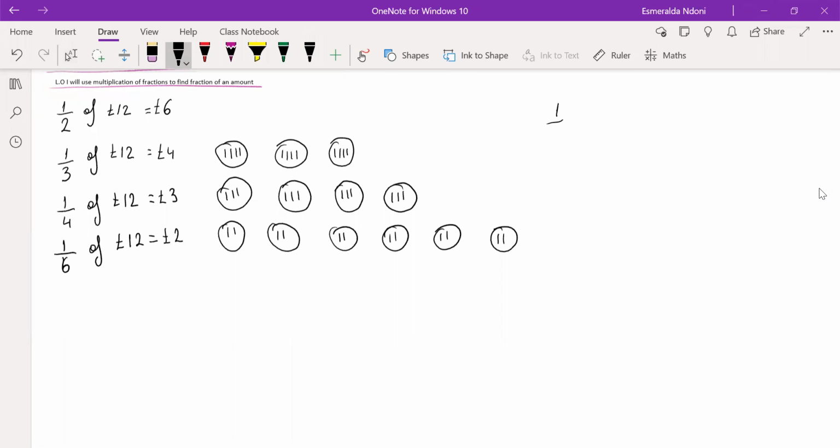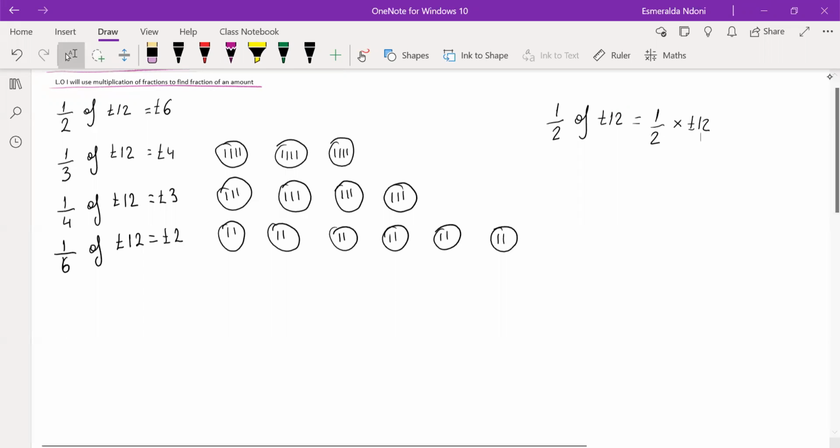We know that a half of £12 can be written as a half times £12. In maths, the word of is the same as multiplication.